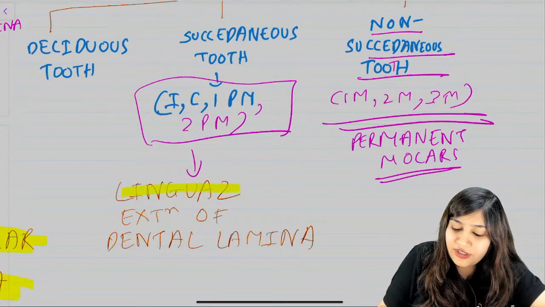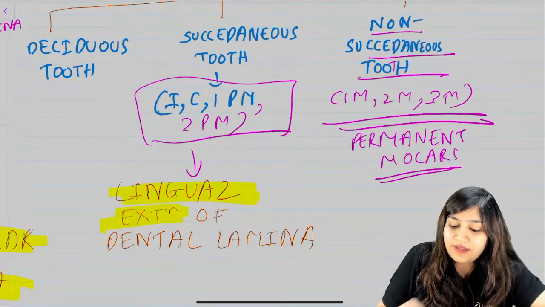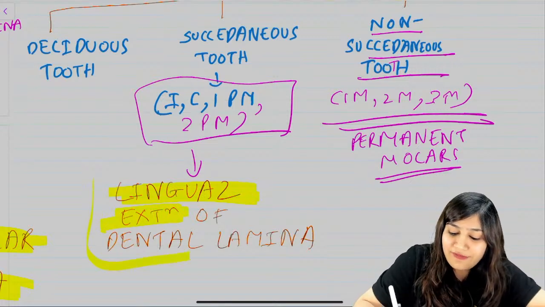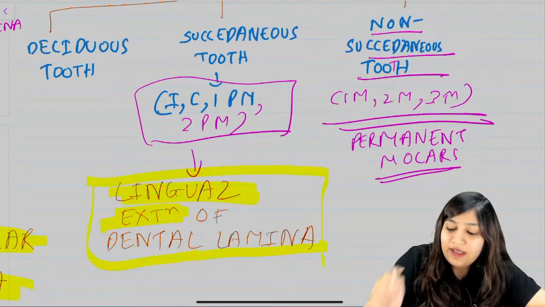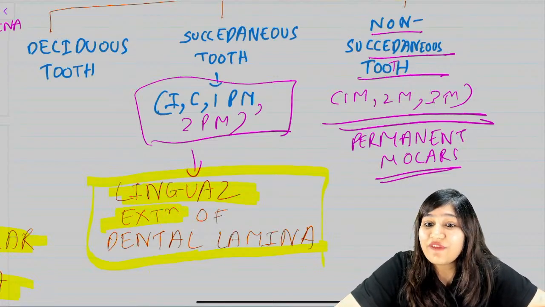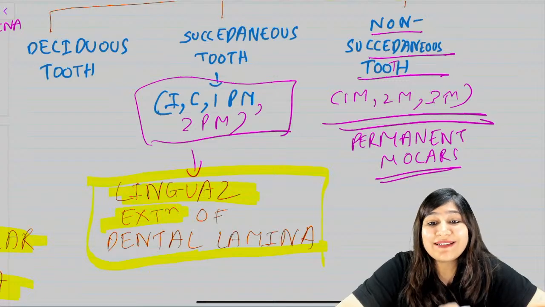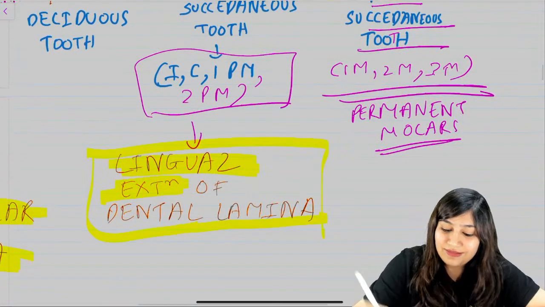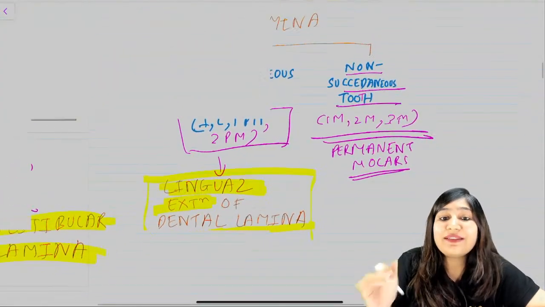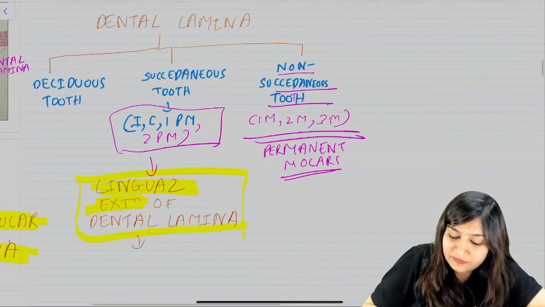Again, this is an important question: succedaneous teeth arise from which extension of dental lamina? It arises from the lingual extension of dental lamina, and this lingual extension is known as successional lamina.